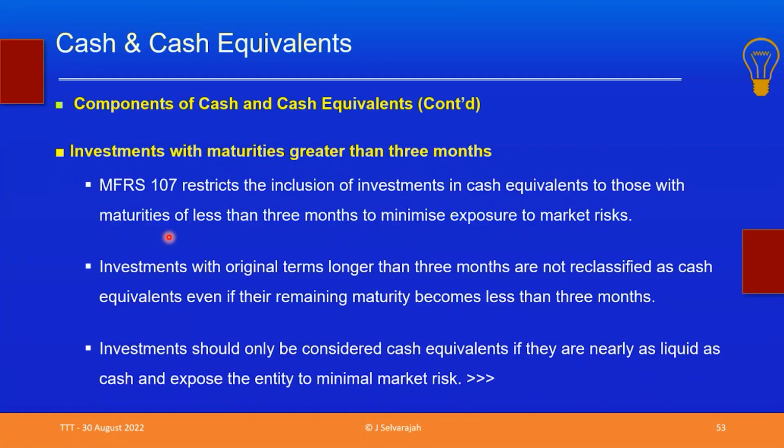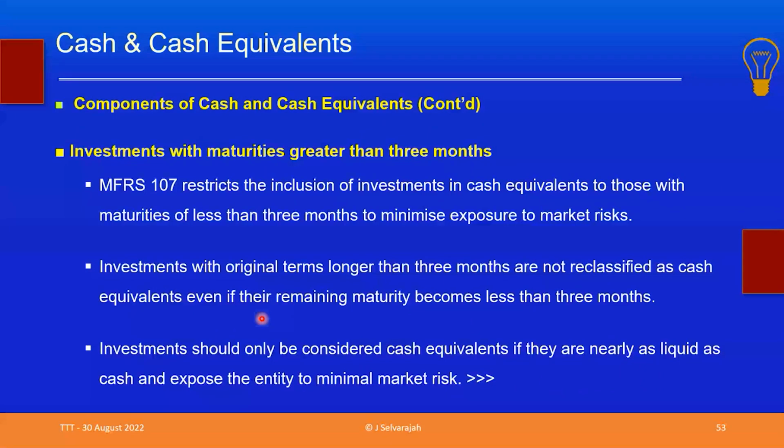Now, investment with original terms longer than 3 months are not reclassified as cash equivalent, even if their remaining maturity becomes less than 3 months. So if you have an investment for 2 years, a fixed deposit of 2 years, definitely not a cash and cash equivalent.